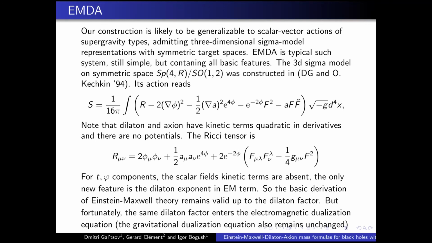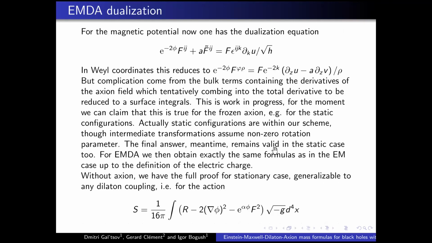So it is compensated. The only thing which is troubling now is that the dualization condition is different. It contains also the dual tensor and axion here. And to reduce it to just area integrals over the horizons and over the surface of the rods, we need to exclude the bulk contribution.